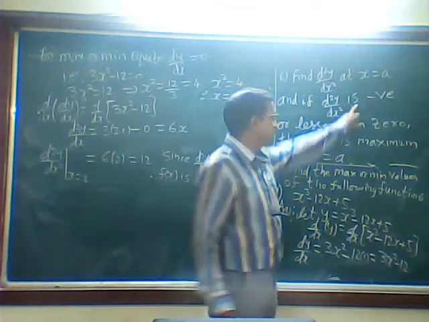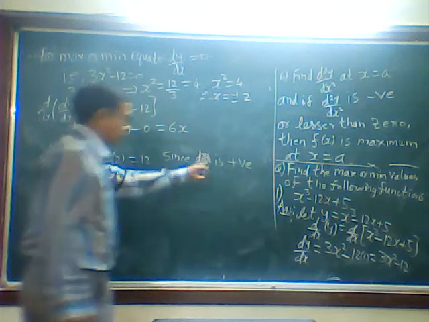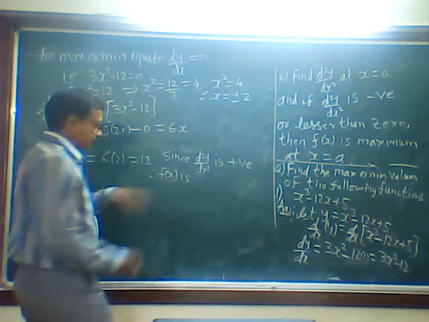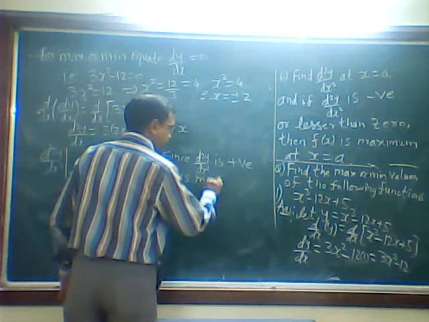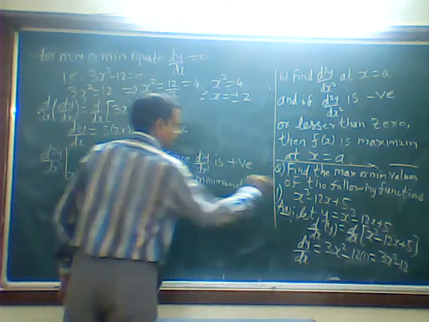If it is negative, f of x is maximum. Here it is positive, then it becomes the other graph. Therefore f of x is minimum at x is equal to 2.